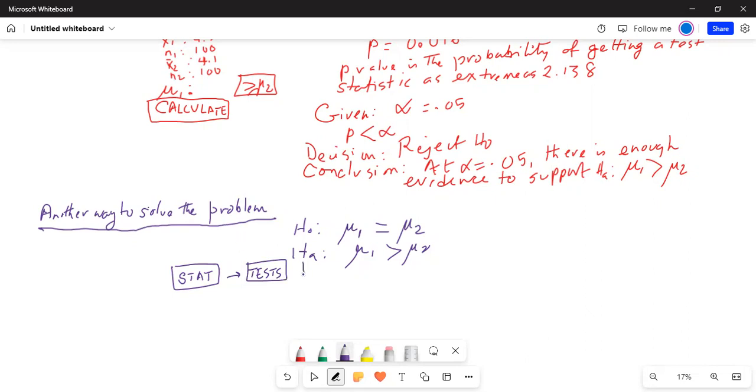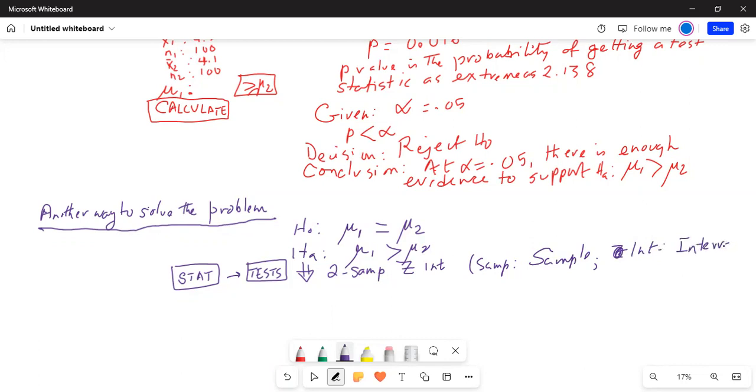Instead of scrolling down to 2 sample Z test, scroll down further to 2 samp Z int. Samp is the short form of sample, and int is the short form of interval.